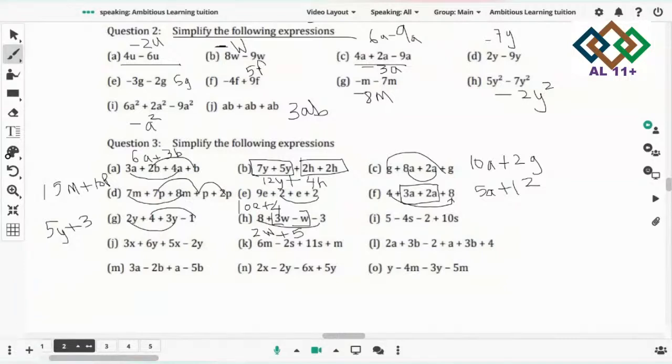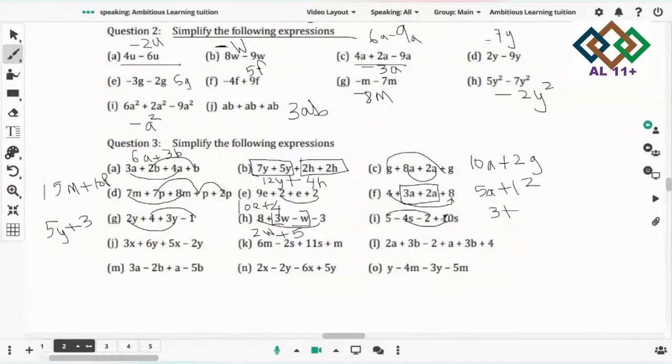Now we are on number I. So you have 5 minus 4 minus 2 plus 10A, 10S. So we'll put these together. We'll put these together. First, let's do this one then, because we have 5 here. 5 minus 2 is 3.